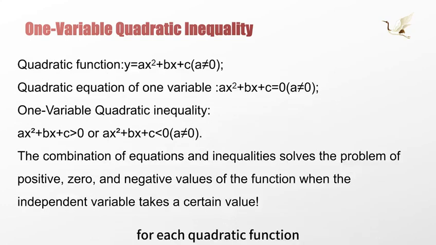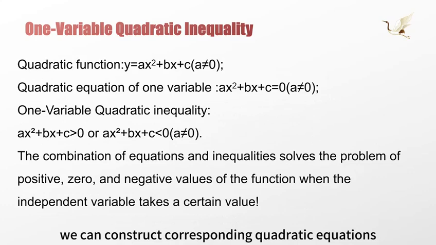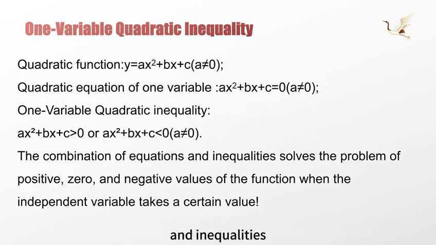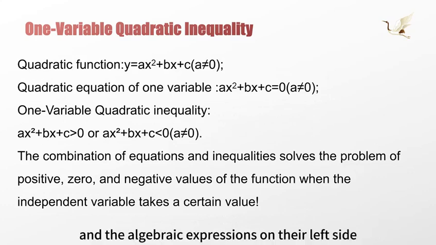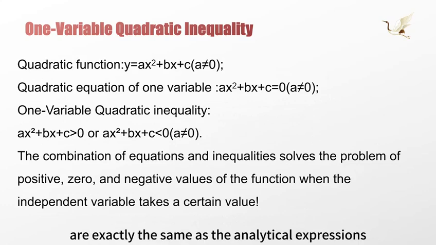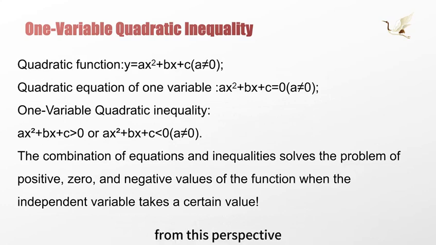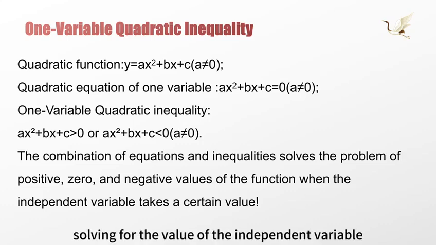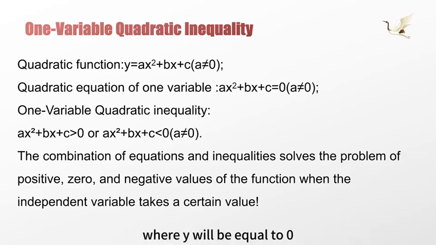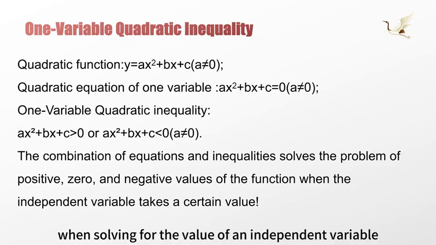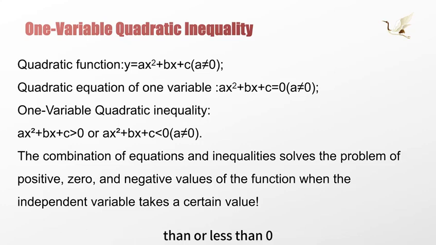For each quadratic function, we can construct corresponding quadratic equations and inequalities, and the algebraic expressions on their left side are exactly the same as the analytical expression of the function. From this perspective, the equation is actually solving for the value of the independent variable where y will be equal to 0. An inequality is solving for the value of the independent variable where the function value y will be greater than or less than 0.